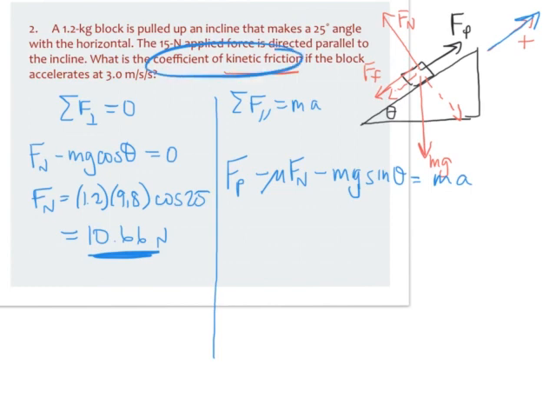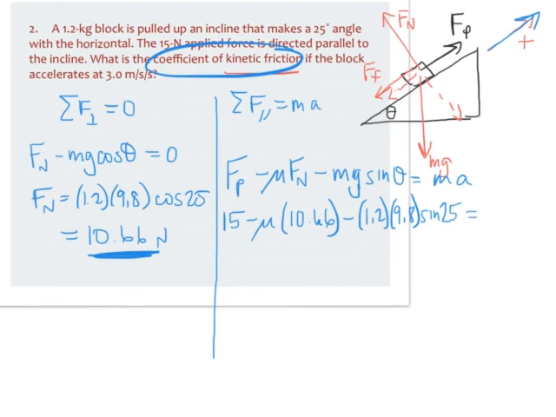All right, now in this case we don't know what mu is. That's our question mark, so let's put everything else in. Applied force is 15. Mu is my unknown. My normal force is 10.66. We'll subtract also that component of weight, so 1.2 times 9.8 times the sine of 25.